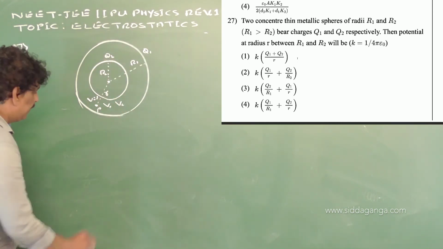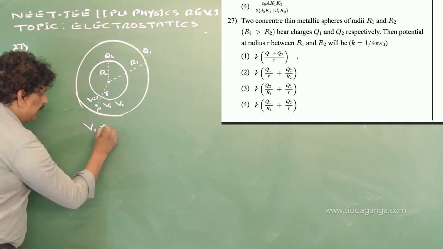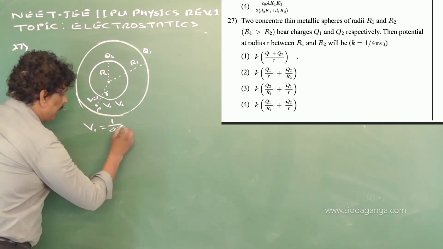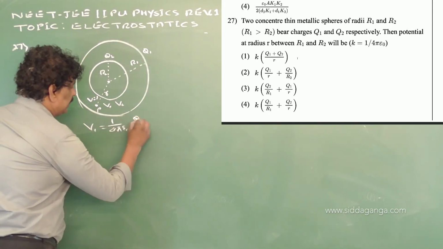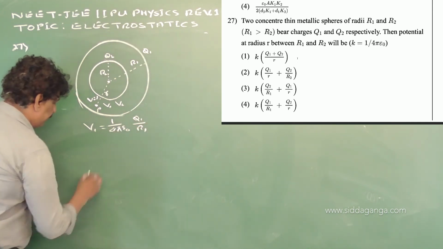to the inner sphere. The potential V1 due to the outer sphere is 1 over 4 pi epsilon naught, Q1 by R1.